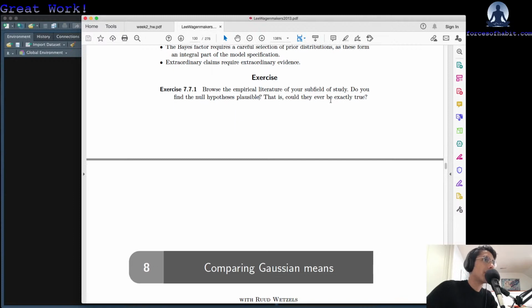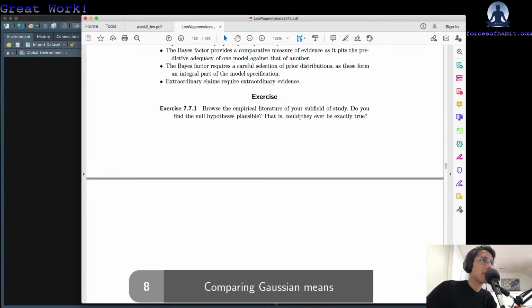And could this ever be exactly true? Some people argue that the null hypothesis is never true and there's always an effect. I don't know about this. But you can have a probability of a null hypothesis being true, and that can be expressed within posterior distributions using Bayesian inference.